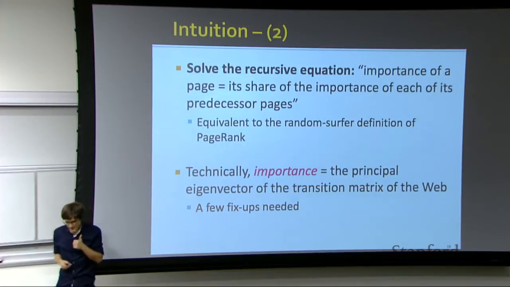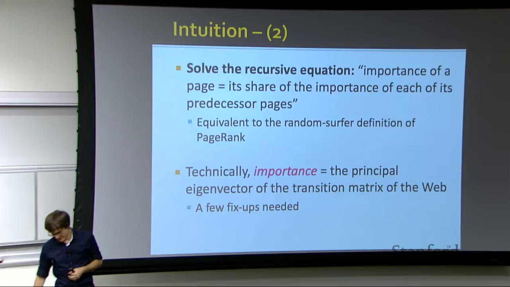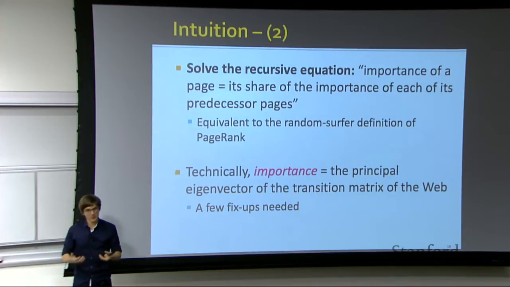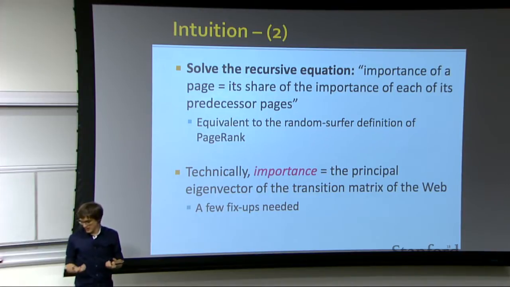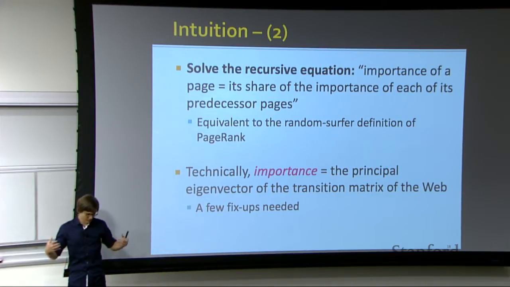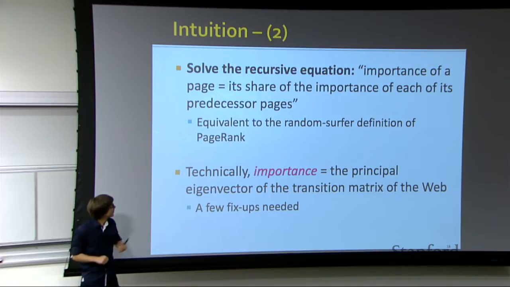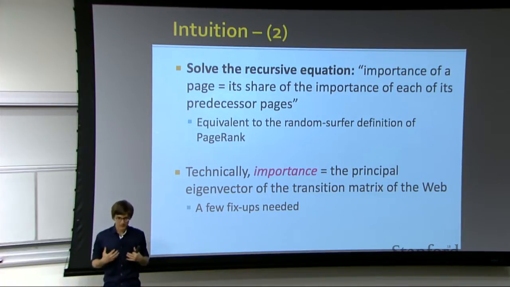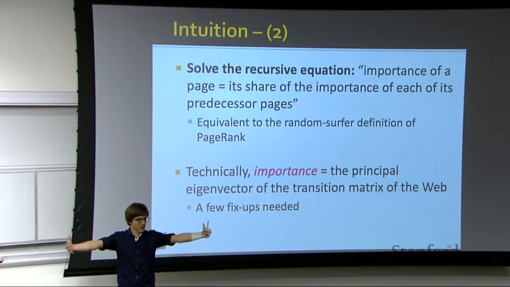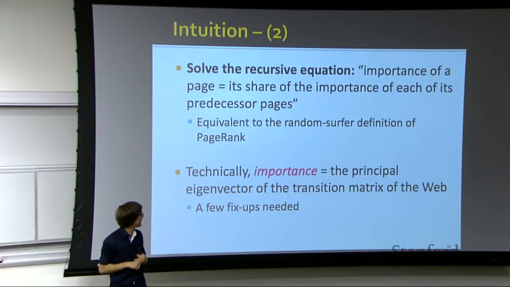Okay? And the idea, as I mentioned before, is that this PageRank score will become this kind of recursive question, where we'll say the importance of the page is some kind of combination of importances coming from its neighbors. Or you could say the probability that the surfer is at a given page is the probability that the surfer was at some nearby page and then navigated to that page itself.